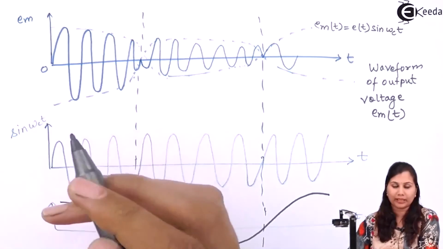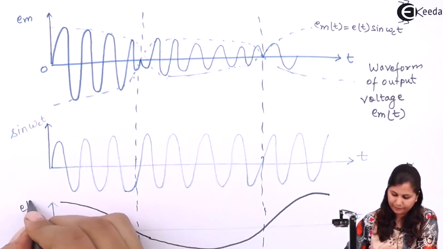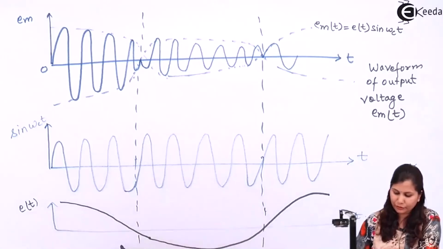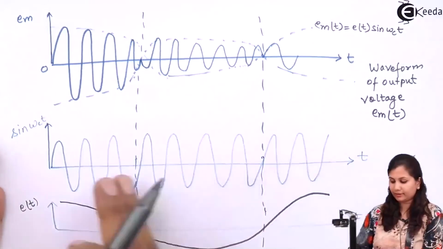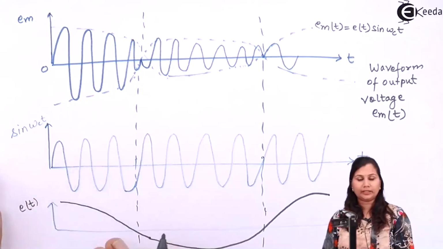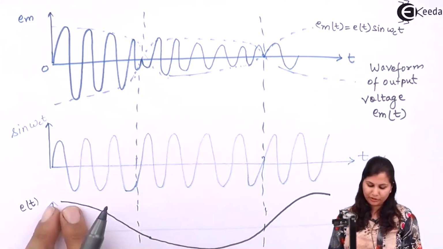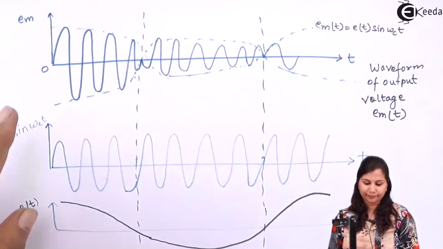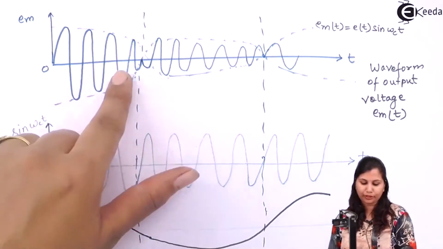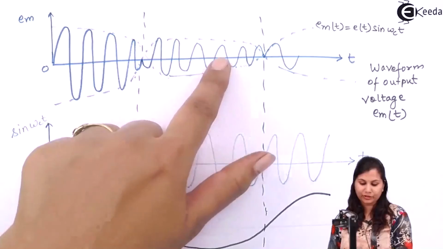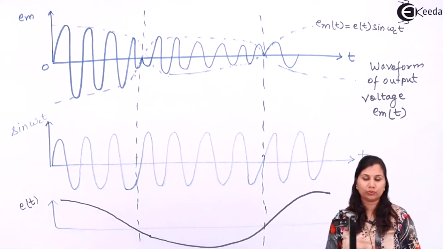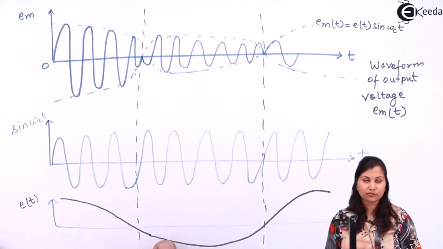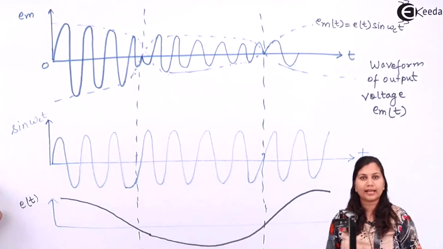This is sine omega CT and this is ET. When we multiply these two signals, we get this modulated sine wave, whose amplitude changes according to this ET. You can see that its amplitude has been changed and the direction is also changed every time it moves from positive to negative, and when we change the phase, that is when it is in the same phase or 180 degrees out of phase.